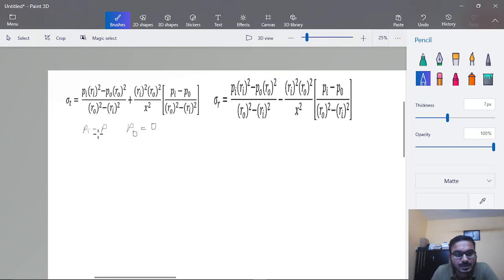So internal pressure is P and external pressure is taken as 0. So now what we will do is we will modify these two equations parallelly.